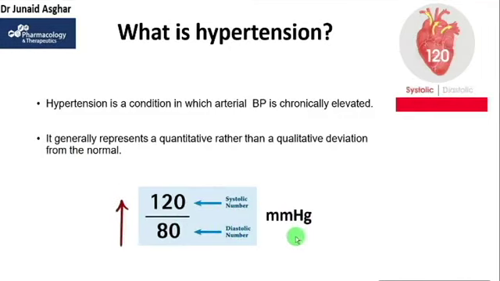The blood pressure is measured in units of millimeter of mercury, or mm Hg, and the readings are always relevant when they are given in pairs of systole and diastole in millimeter of mercury. If the blood pressure of a person is 120 over 80 or less than that, he or she would be called normotensive.